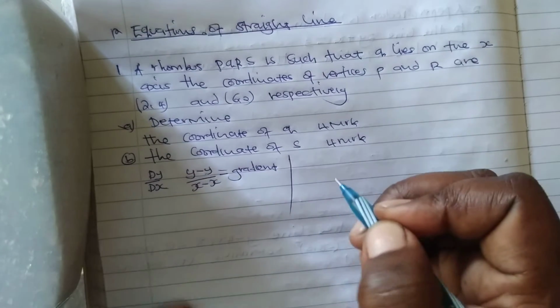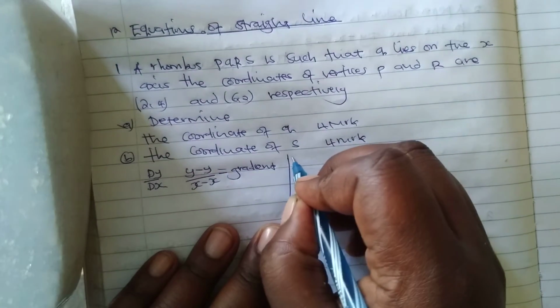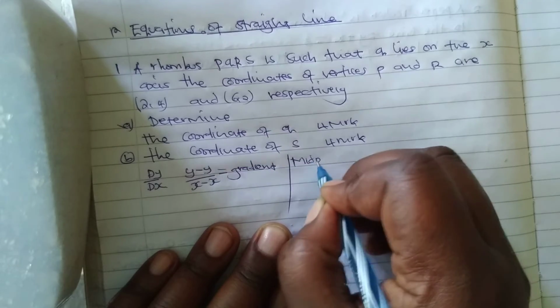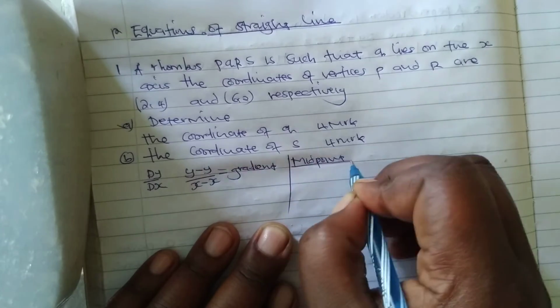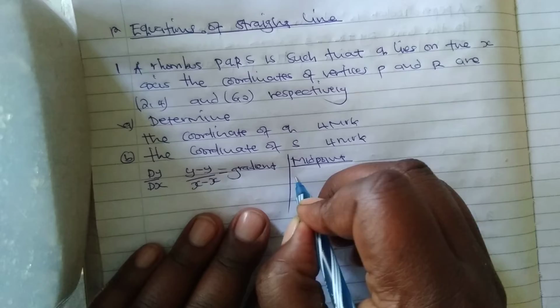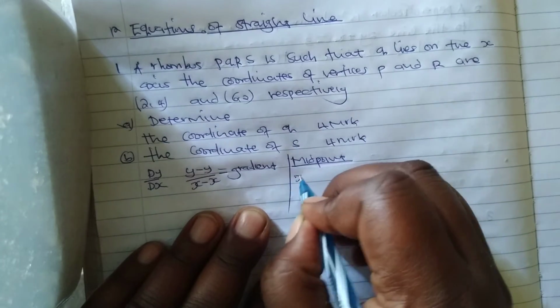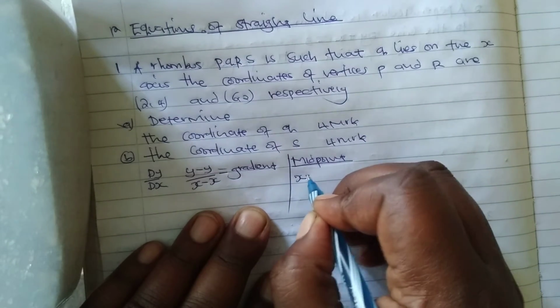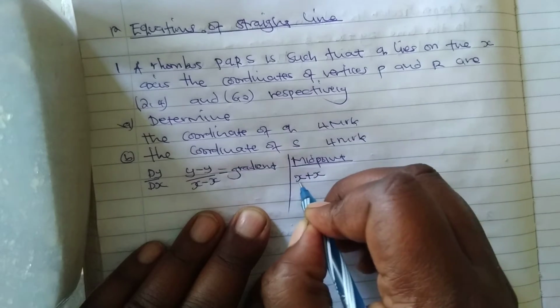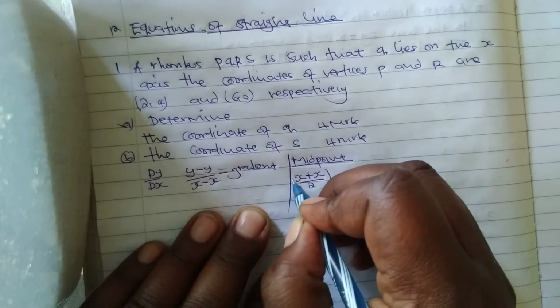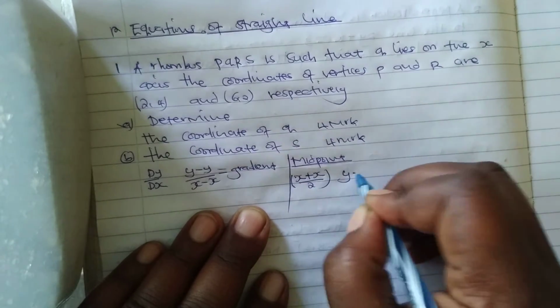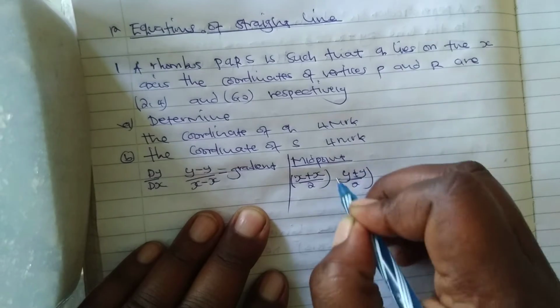That is our number 1 formula. Our number 2 formula is the midpoint formula, which is x plus x over 2, y plus y over 2.